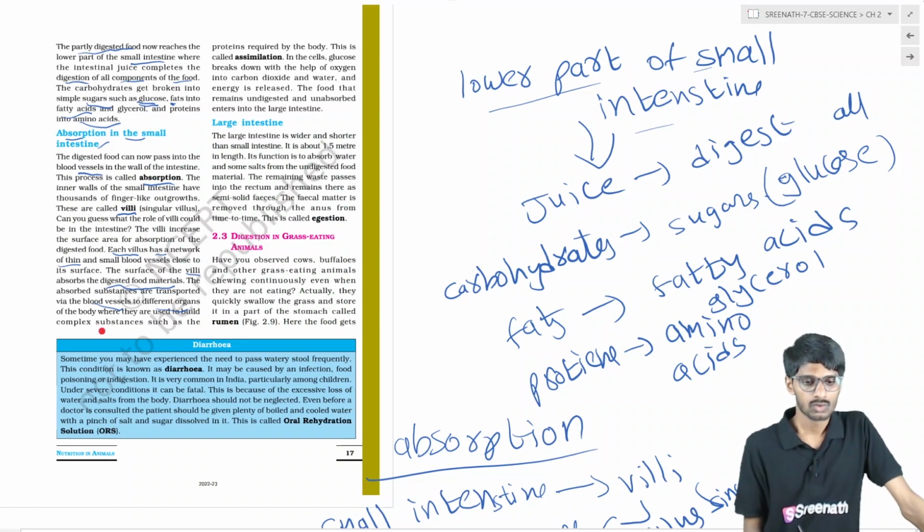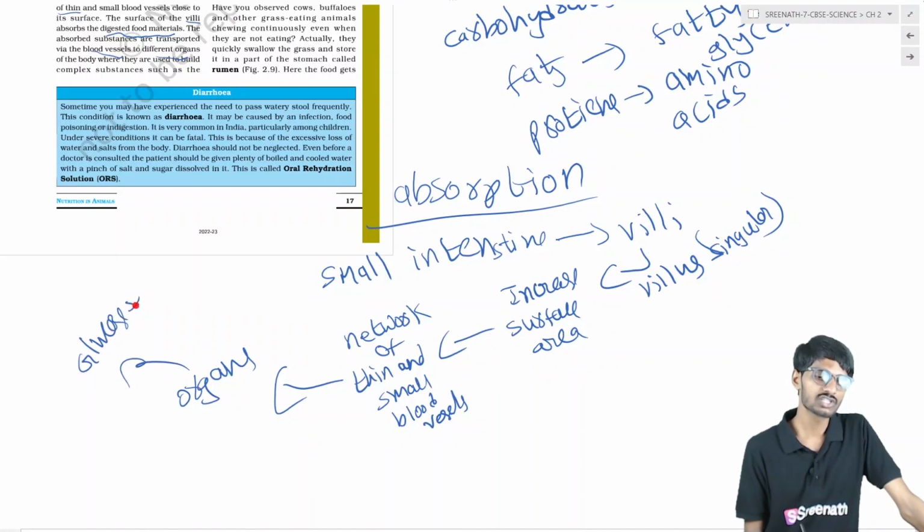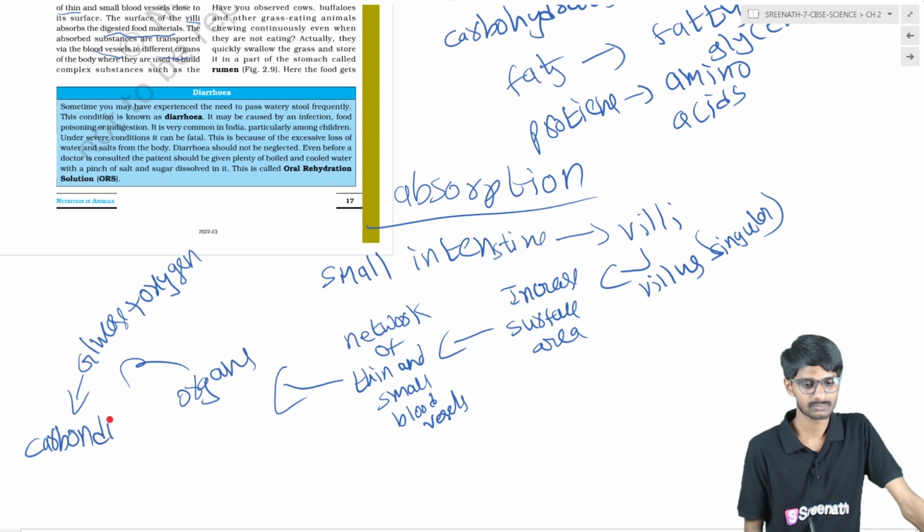Now, in the cells, glucose breaks down with the help of oxygen into carbon dioxide and water, and energy is released. Basically, whenever they enter into the organs, this glucose in addition with oxygen will produce carbon dioxide, I will write here, plus energy.